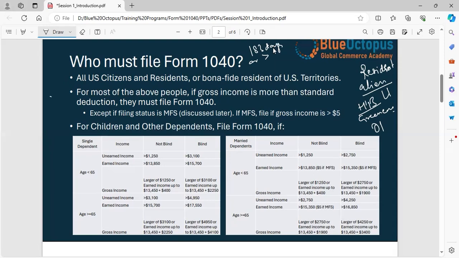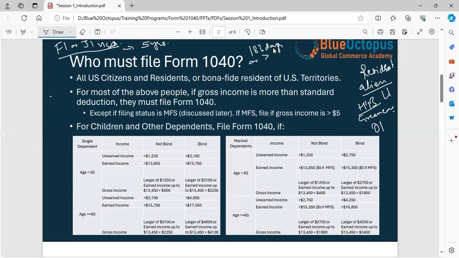However, if you are on an F1 visa or J1 visa, which is for students or teachers, in that case, you will get the residential status after you have resided in the US for more than 5 years, not 183 days. For 5 years, you will be considered a non-resident in the US. So keep in mind that whether you are a resident of the US or not depends on visa status.